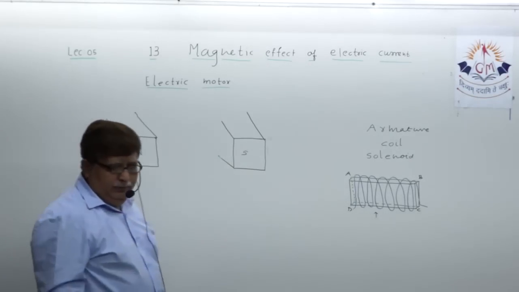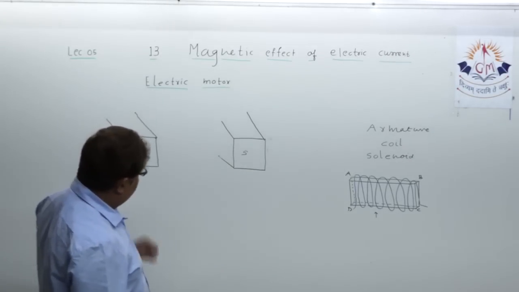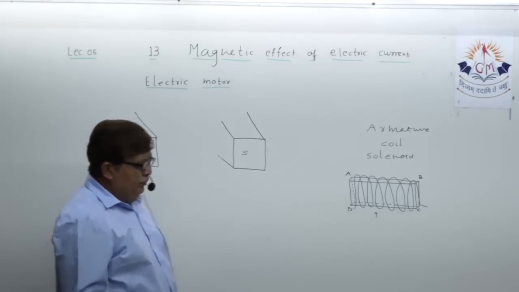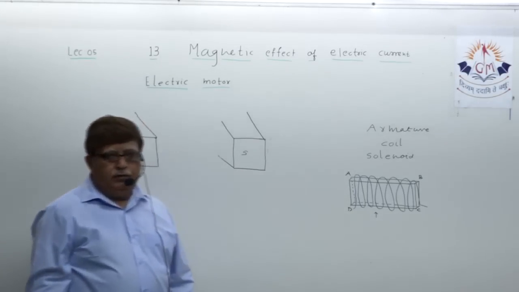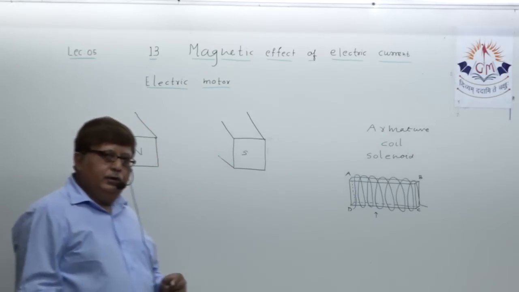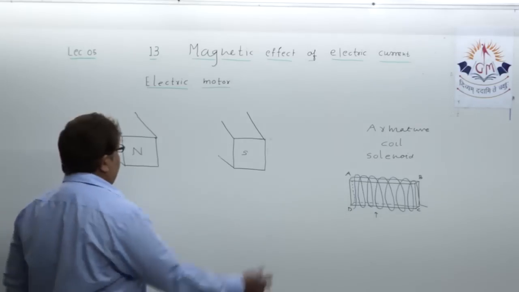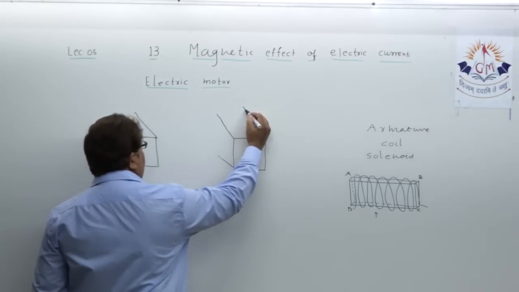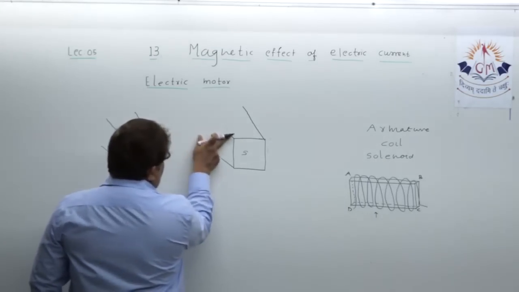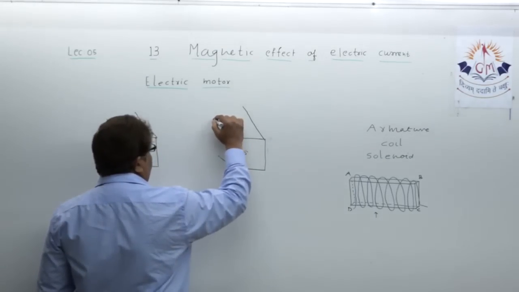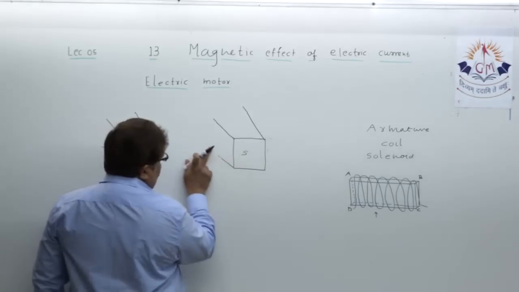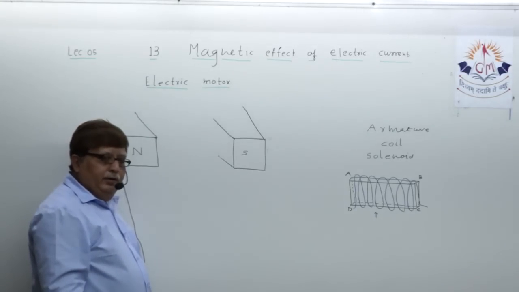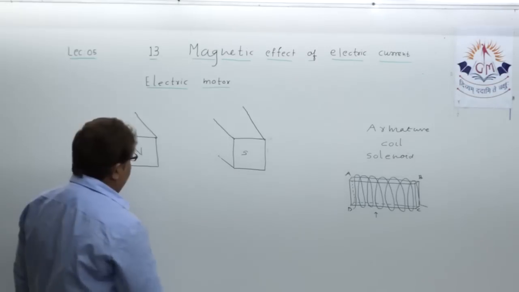Now dear students, try to understand, inside the magnet we are going to keep a rectangular coil of wire. Inside the magnetic field of this powerful horseshoe magnet we are going to keep a rectangular coil of wire.